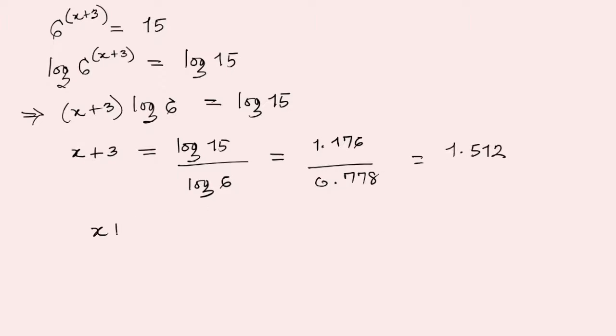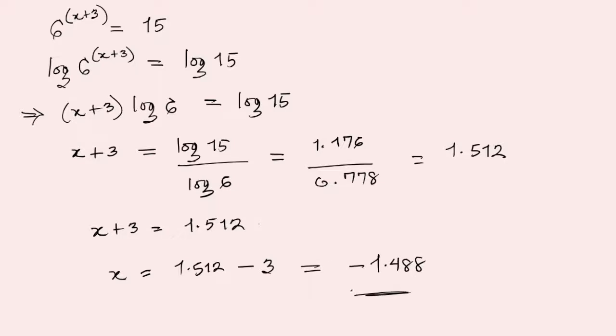So x plus 3 is equal to 1.512, and x can then be equal to 1.512 minus 3 if we subtract 3 from both sides, and this is going to be equal to minus 1.488. Let's look at one more example.